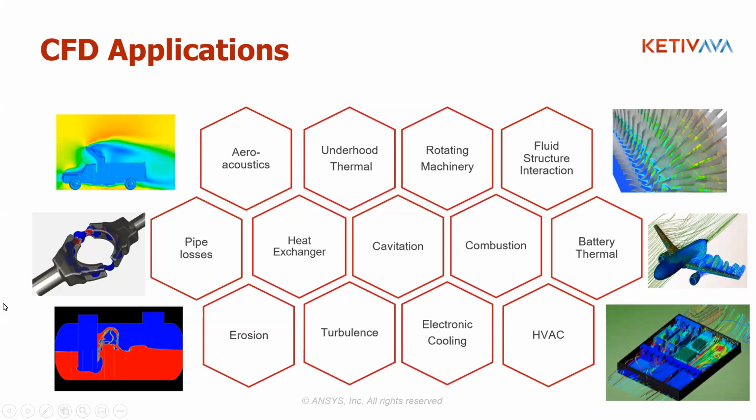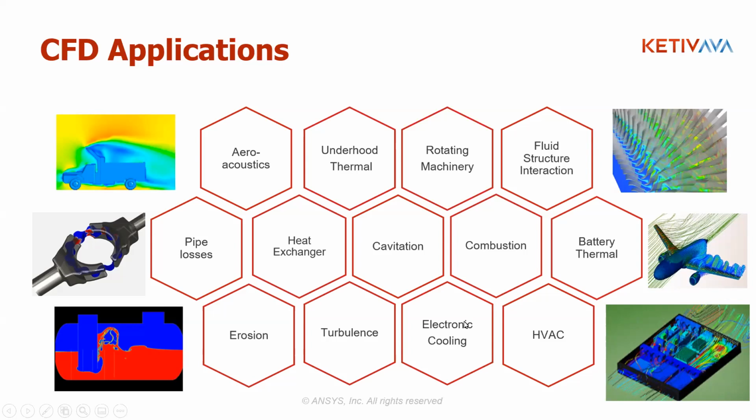I have outlined some of the important applications you can see on the screen. If you're using rotating machinery, if you're using any sort of heat exchanger applications, if you're just simply doing pipe losses, right? If you're in the automotive industry and you have to make sure that the engine requirements are met with pressure, etc., with temperatures, etc. Again, CFD can play an important role.